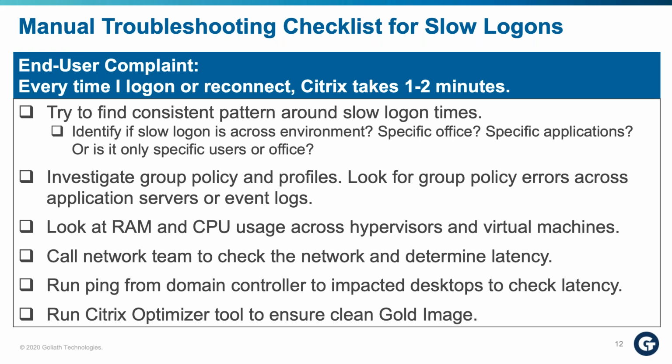trying to find which server may be having the issue or having to manually check all the event logs, because I've got to check the application event log, I've got to check the system event log, and then I've got to dig down and find the Microsoft Group Policy event log.